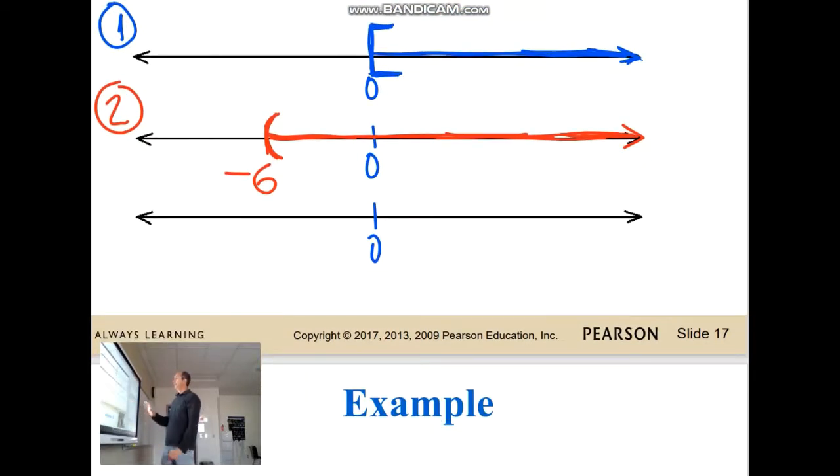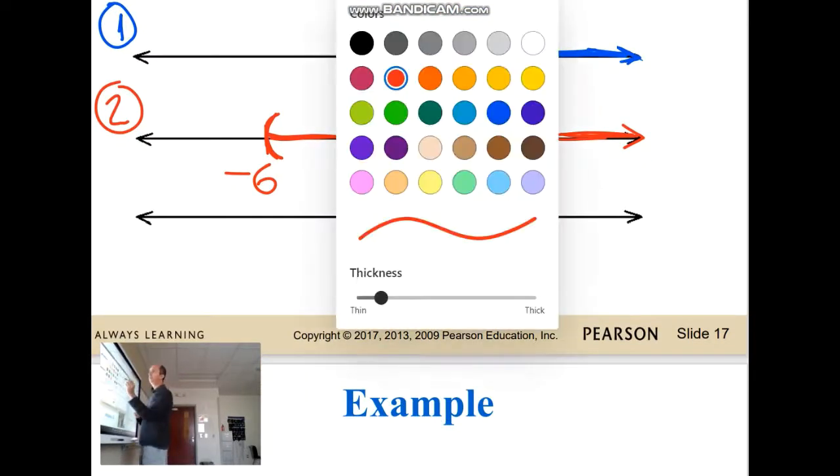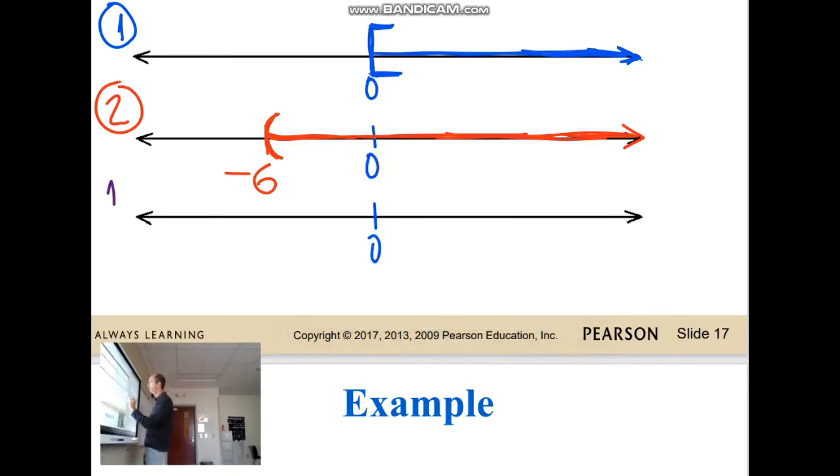Nice. The result, 1 union, and let me use a different color here, purple. 1 union 2 is going to be everything that belongs to either one. The first set, the second set, this is going to be included. So it starts here. Negative 6 is not included, but it's the limit.